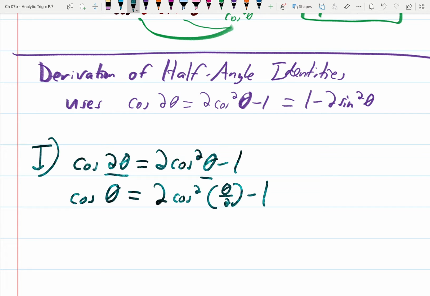Now all you have to do is algebraically get the cosine of half theta by itself. Fortunately, we know algebra. We're going to add 1 to both sides. And can we divide both sides by 2 right away? Can you guys handle that as a single step? I hope so.